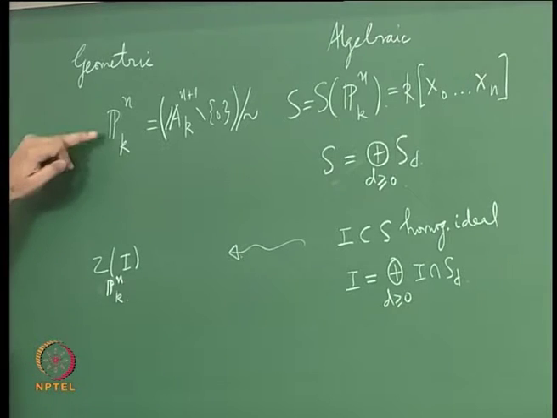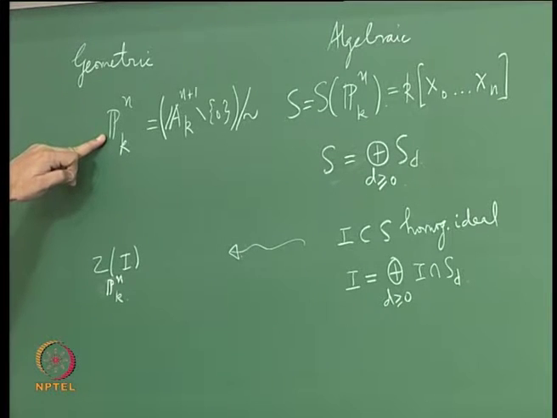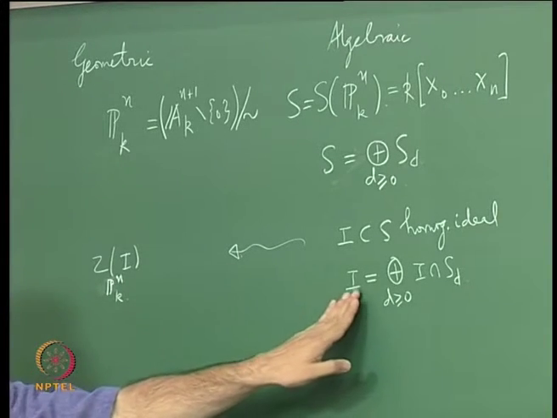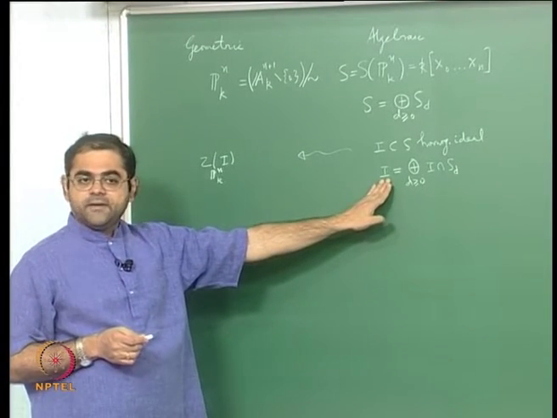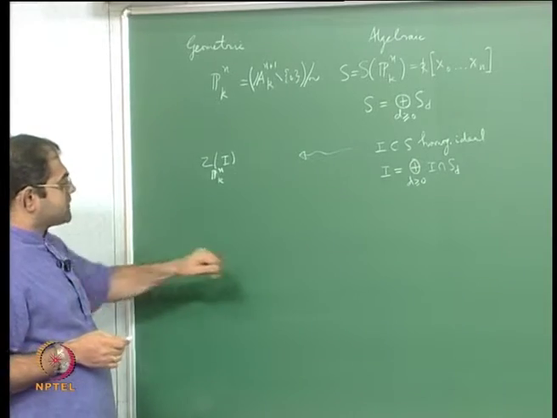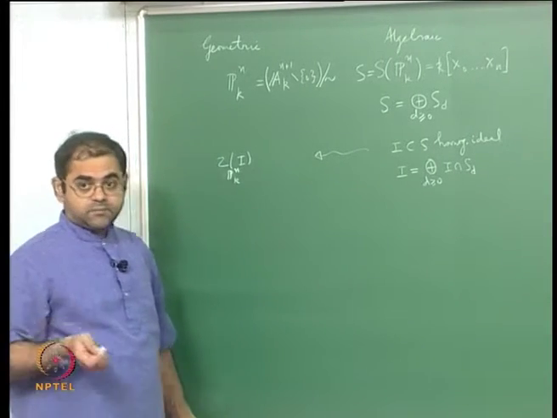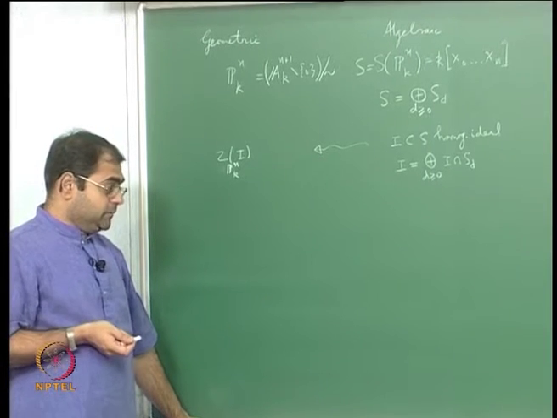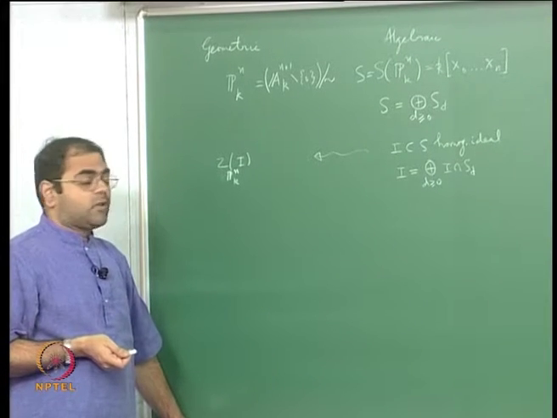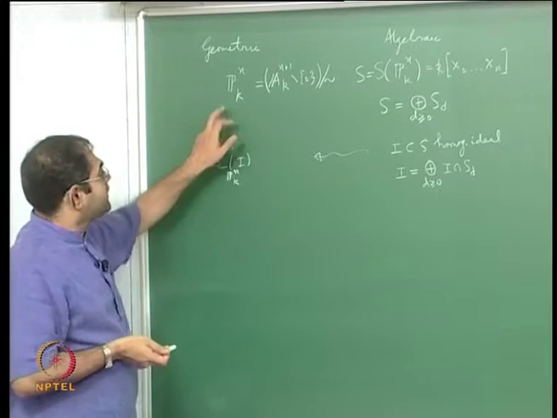which is the set of all points here which are common zeros of all the polynomials here. Of course it is the homogeneity of the polynomial which allows you to decide for sure that the polynomial vanishes at a point on the projective space.